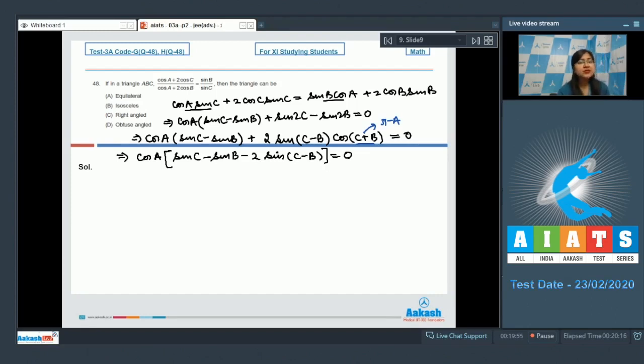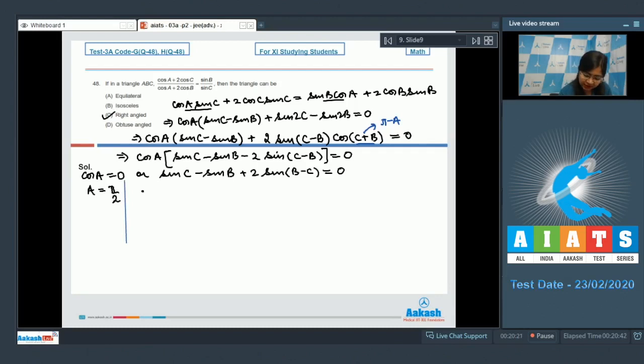Now product of two terms is equal to 0, which means that either cos A is equal to 0 or sin C minus sin B plus 2 into sin of (B minus C) is equal to 0. Now from the first condition we get A equal to pi by 2, that is a right angled triangle. So option C is possible.